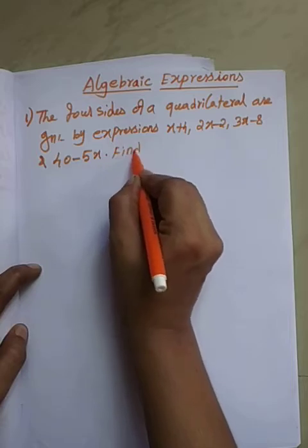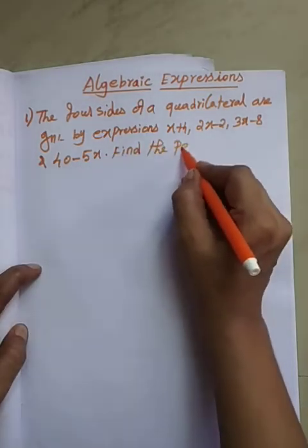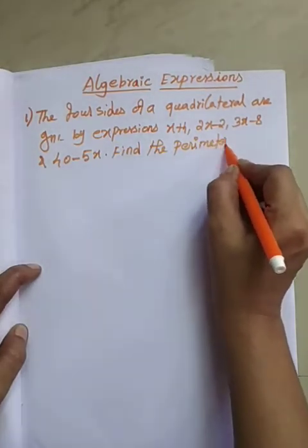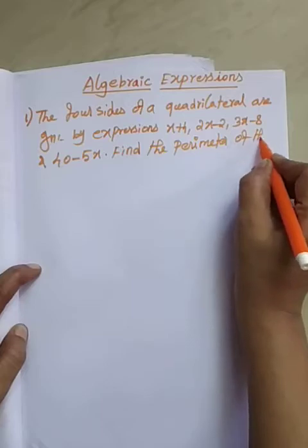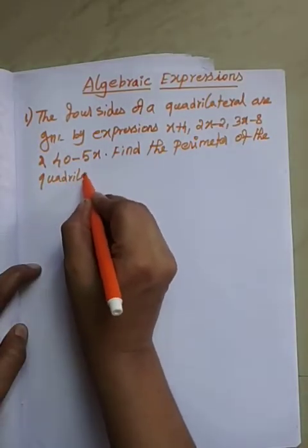Now you have to find the perimeter of the quadrilateral.